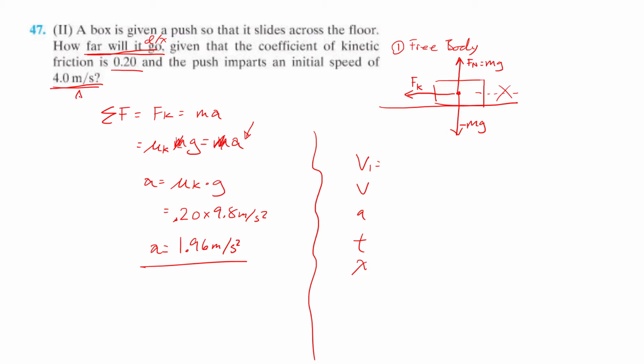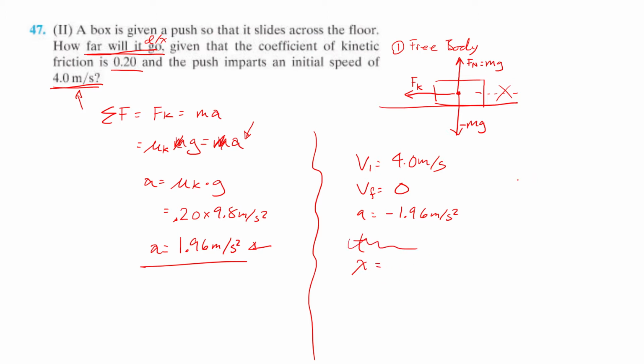It starts at 4 meters per second, 4.0 meters per second. V final, it stopped. The acceleration is this thing. It's going to be a negative acceleration, so it's going to be negative 1.96 meters per second squared. And then time we don't really care about, but we do want x.